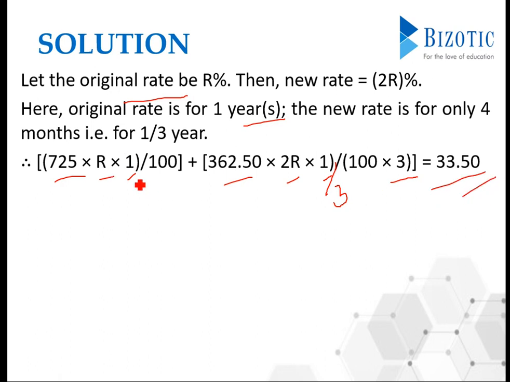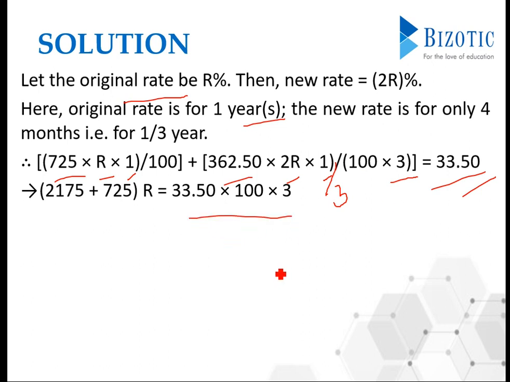So now upon solving you will get 725R divided by 100 plus 362.50 into 2R, and then this is 300 100. So we will be multiplying with 33.50. So same thing it's been written here. So now R is being taken as common, 2175 plus 725 into R is equal to, so have the total sum.